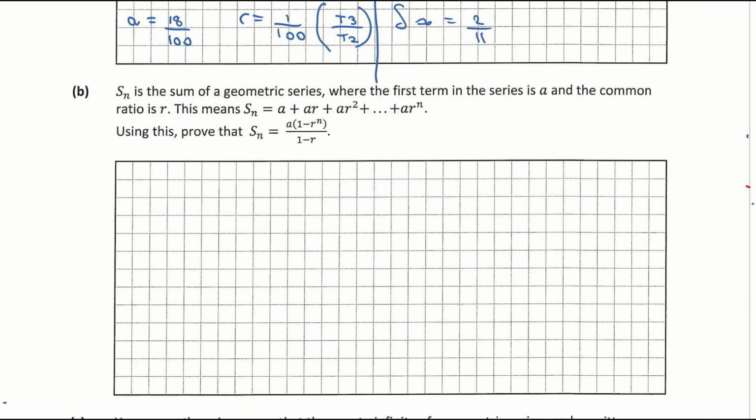So question 5b. Prove that Sn is equal to A times 1 minus R to the n all over 1 minus R. So we have the sum of our terms, and our first term is going to be A. Our second term, A R, so that's R to the power of 1, and our first term, R is to the power of 0. Our next term, A times R to the power of 2.